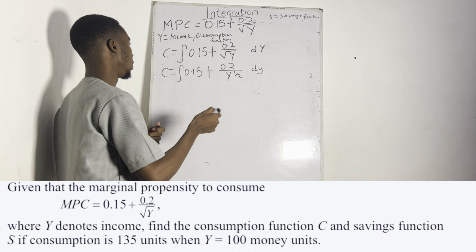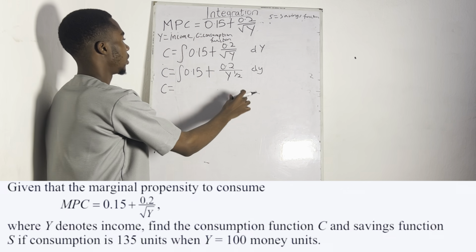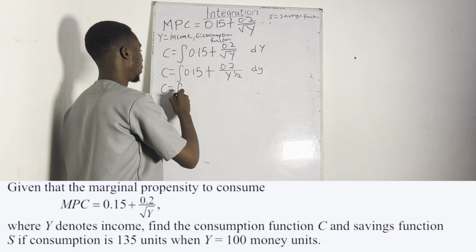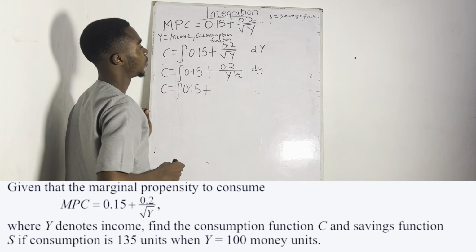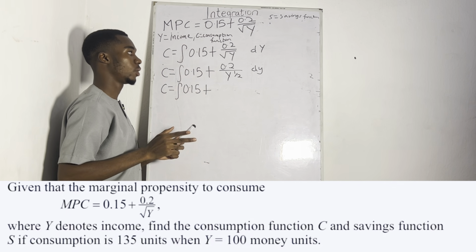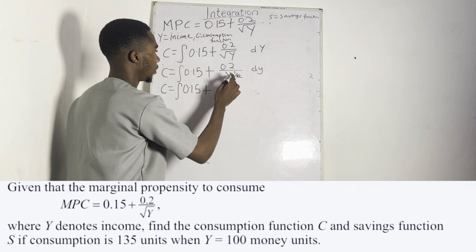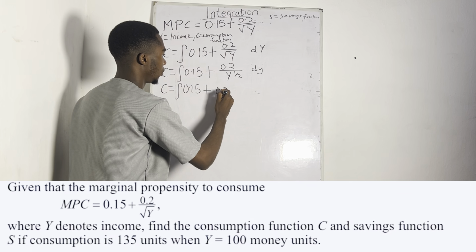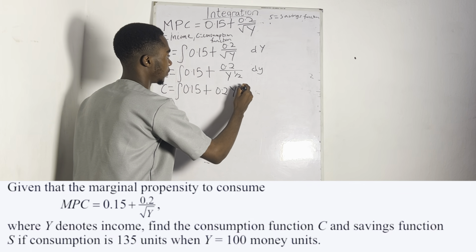So let's continue with our simplification. We've not started integrating, we are just simplifying this side. So this is equal to the integral of 0.15 plus, now watch this, 0.2 over y exponent half. Per the laws of indices, this is the same as 0.2 y exponent negative half.